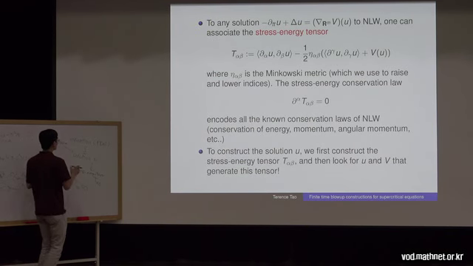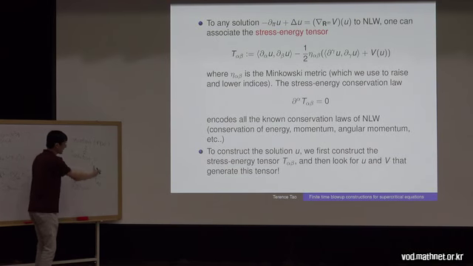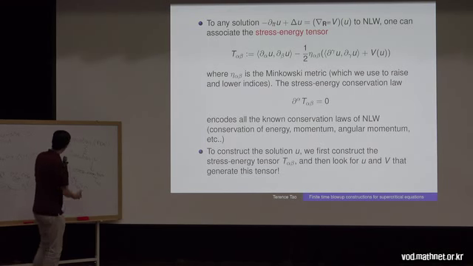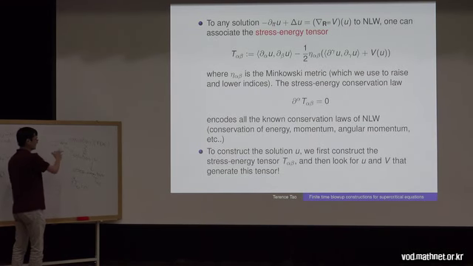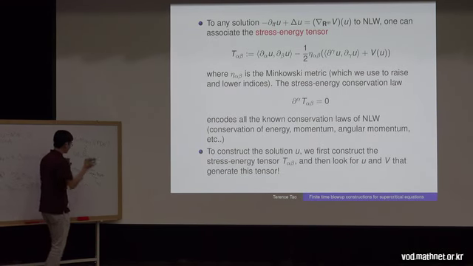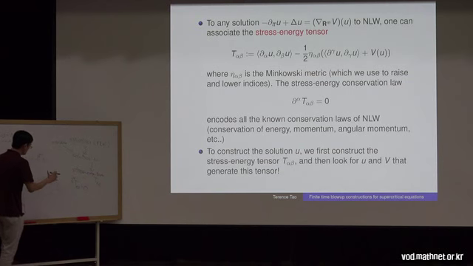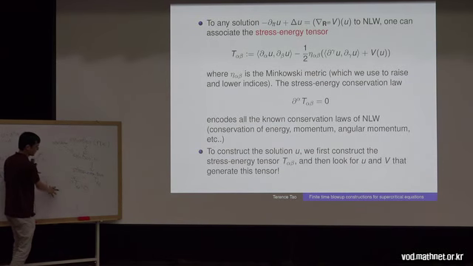Normally you start with your equation, you find your solution, and then you compute things like the stress energy tensor. So to construct blowup, we do everything in reverse. What we do is that we first write down a stress energy tensor. We write down a tensor which we believe to capture the energy and momentum currents of the dynamics of your solution.